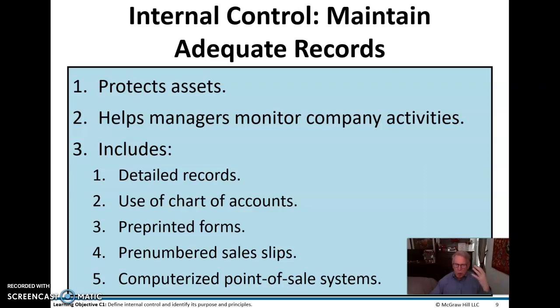We use pre-printed forms with pre-numbered items, just like a deposit slip would be, or a petty cash receipt or something like that. And then our computerized point of sale system, where we are maintaining adequate records that way.